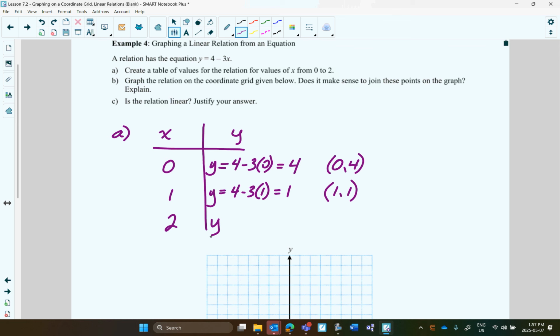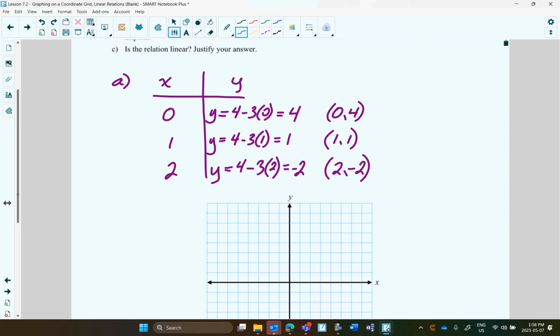If I plug 1 in here, y works out to 1. If I plug 2 in here, what would y work out to? -2. Yeah. So did you just basically make your own? Well, yeah. Exactly. You're allowed to do that.